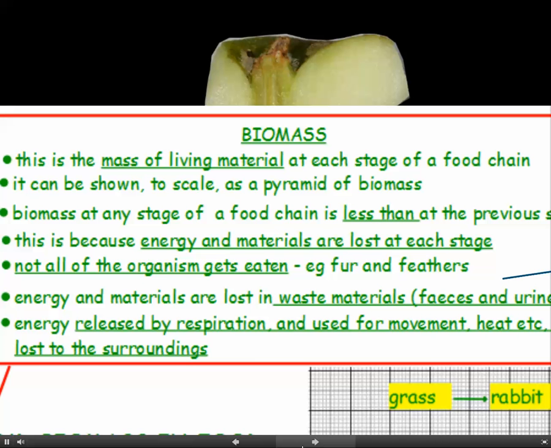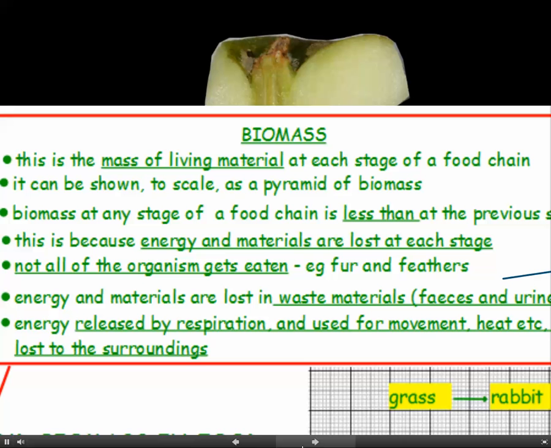Now, the biomass at any stage of a food chain is less than it was at the previous stage. The amount of biomass goes down as you go through a food chain. And this is because, and here's a key term, energy and materials are lost at each stage. Reasons for that?